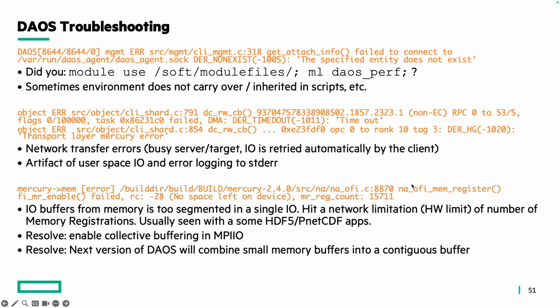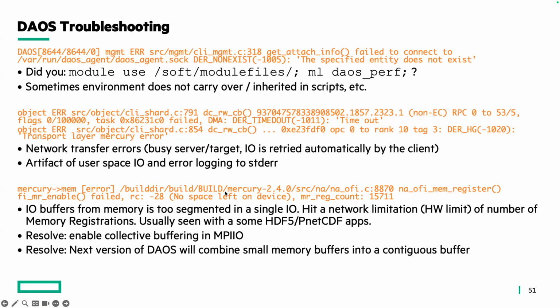Some of the errors are really fatal to your app, basically, not fatal to DAOS itself. Like sometimes, and this is something we are working on, we will fix in the next release, and we've seen that with particular applications or access patterns, you get this libfabric error that you have no space left on device.